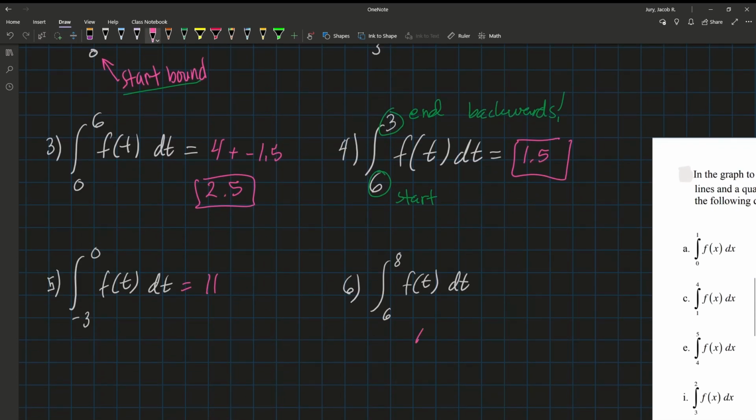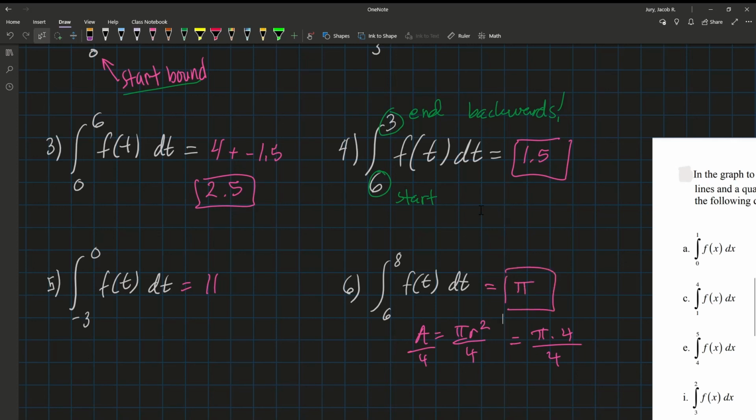So that's going to be a quarter of a circle, and I'll use pi r squared and divide that by 4. So if I divide my area by 4, I will get the quarter of the circle that exists between 6 and 8 that's bounded. So I'll end up with pi.